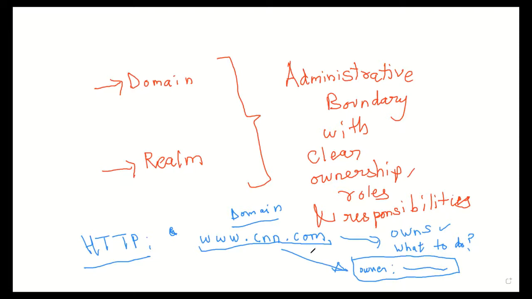You could have a static web page behind cnn.com. You could have a great dynamic news website as it is, whatever. So think of it this way, right? This is an analogy. The roles are pretty much the same. With that, let's move back to the RFC.